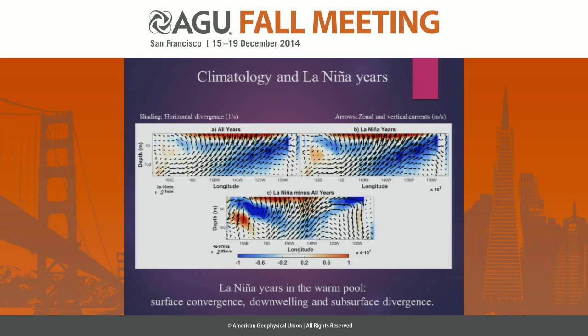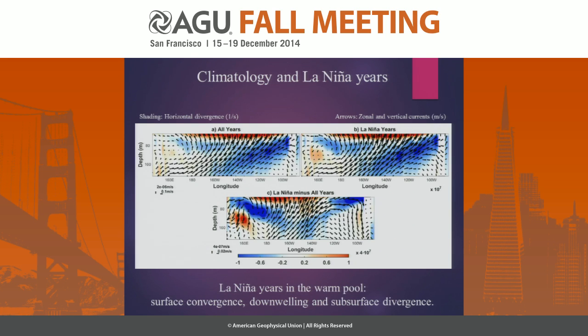So here I'm showing again for the Equatorial Pacific, depth and longitude, the climatological picture of the horizontal divergence: the average for all years, the average for La Niña years, and the difference between La Niña years minus all years. The arrows correspond to the zonal and the vertical velocities.